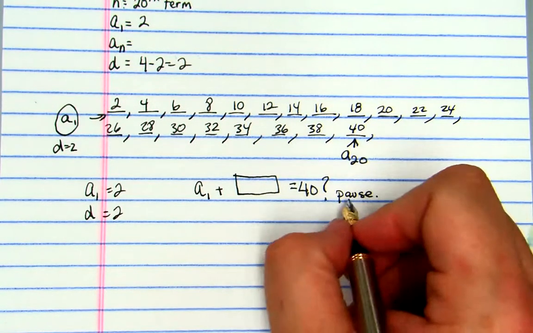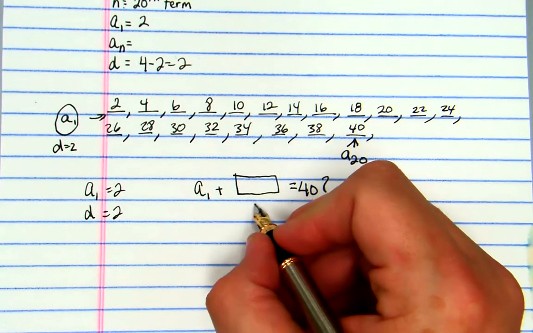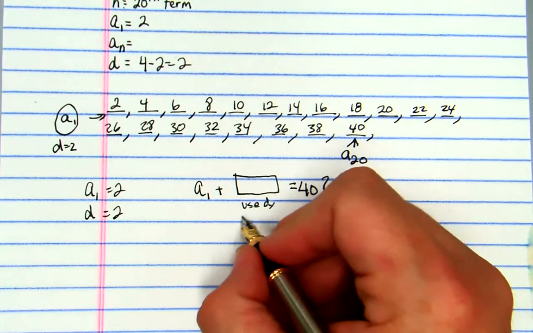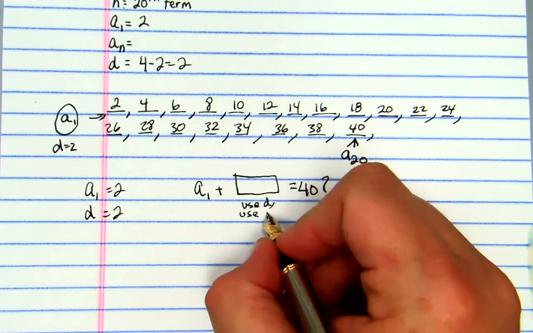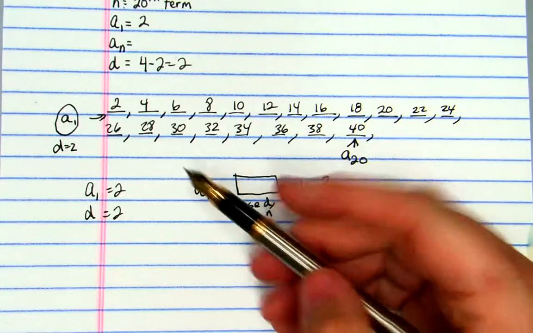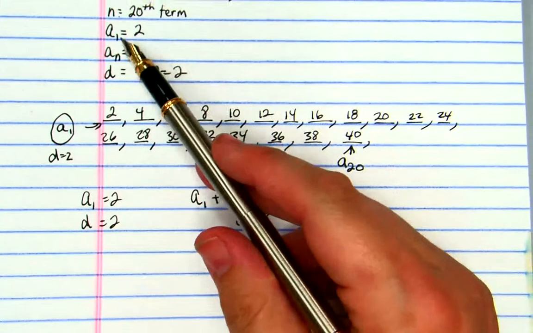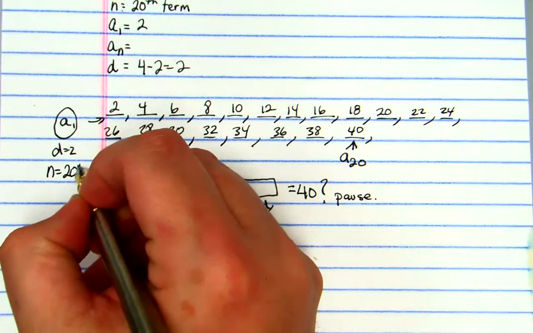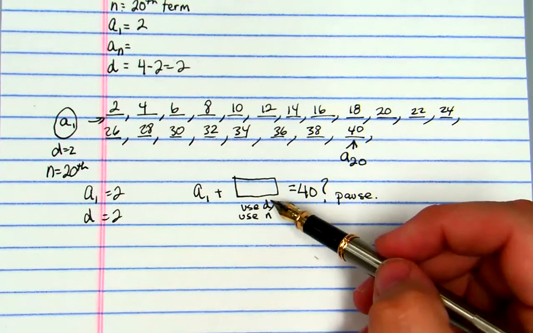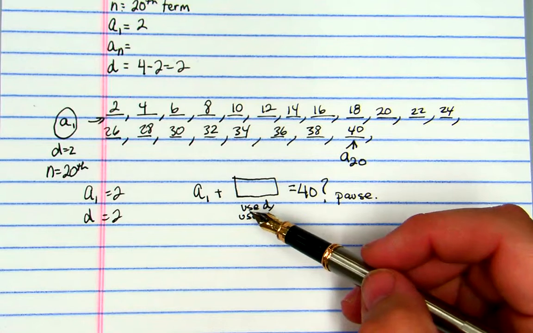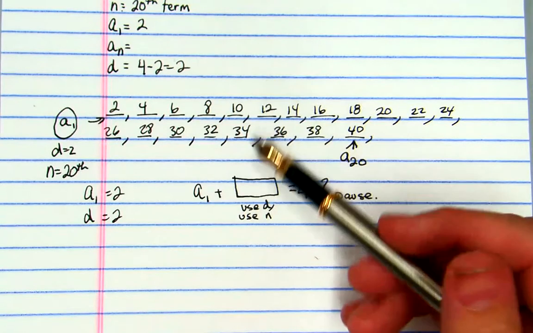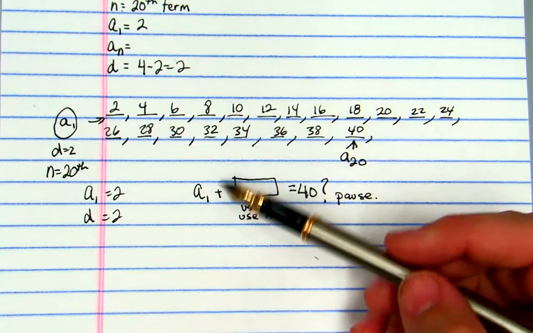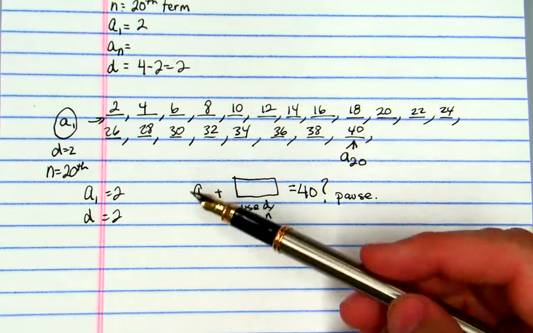And before you pause, I'm going to say use d and use n. Use the number that we want. n is 20. I want the 20th term. Use d because I'm going to have to use that. So go ahead and pause. I'll give you 5, 4, 3, 2, 1.